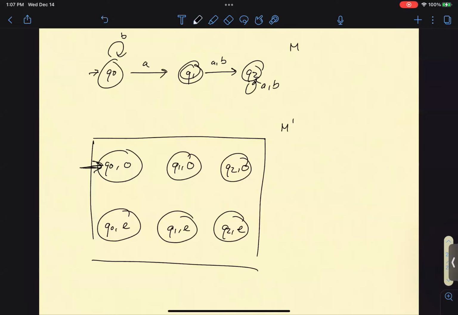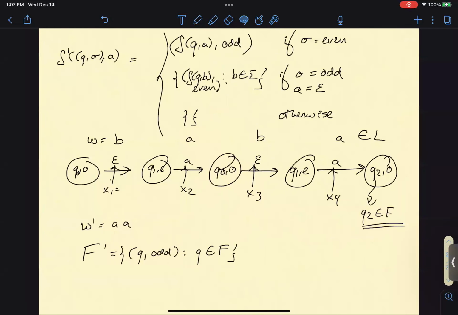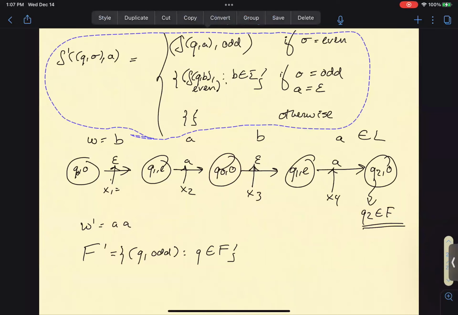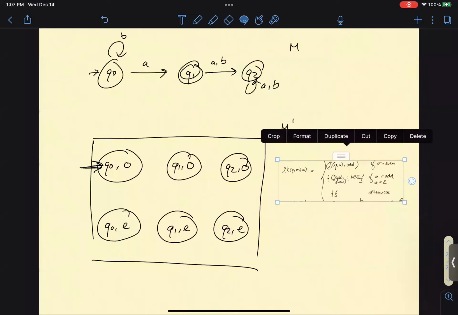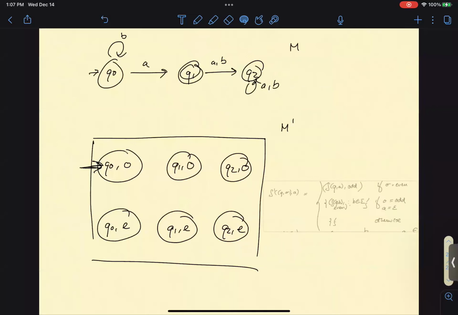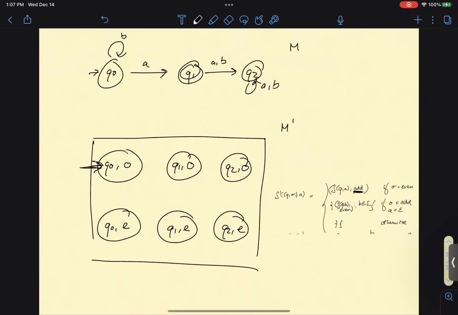Now, what are the rules of the transition function of the new machine? Basically, if I'm in an even position, I simulate the actual machine, but I go to the odd state.